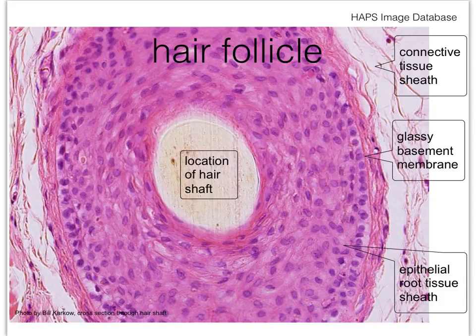But deeper in the follicle, we still see our epithelial root sheath, followed by our connective tissue root sheath. And we very clearly see the basement membrane, I have labeled it here, which in hair follicles is often referred to as the glassy basement membrane.